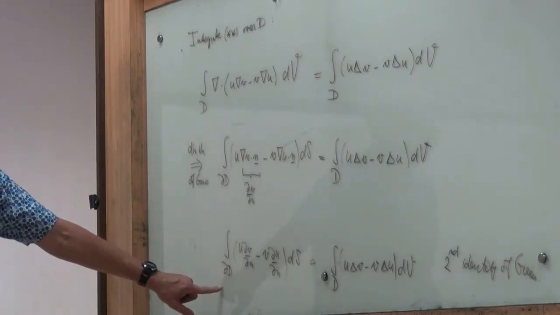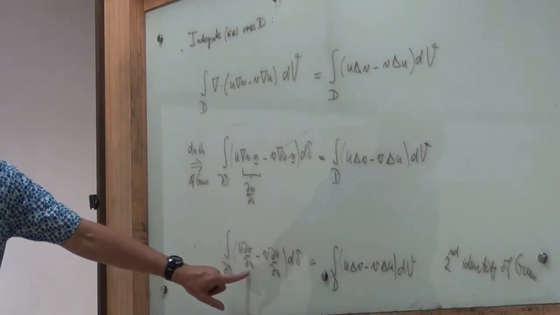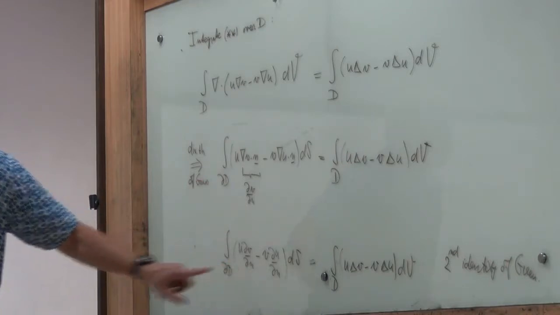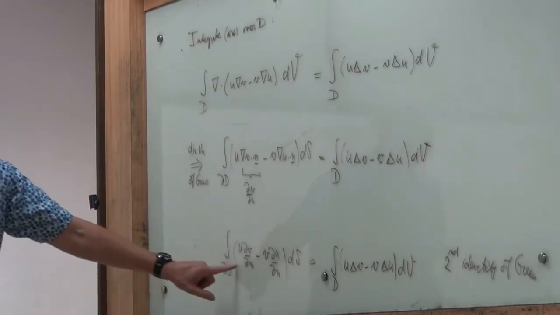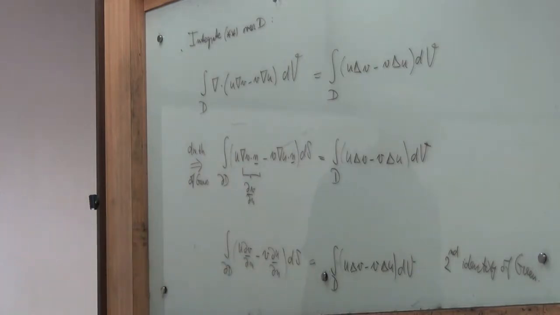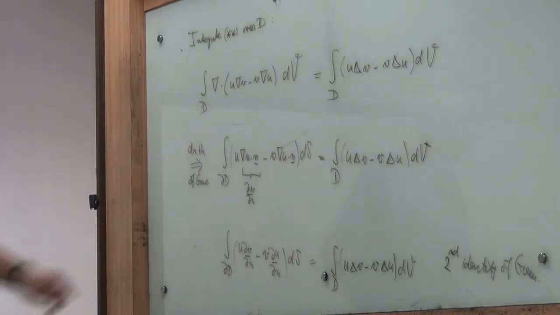And here we have to integrate one dimension lower over the surface, but it's still u dv/dn minus v du/dn. In the formula of Green it was u dv/dx minus v du/dx. So this is just a few dimensions higher. I proved it now for R3, but if you take more components, it's also valid in Rn. So this is actually what we will need.